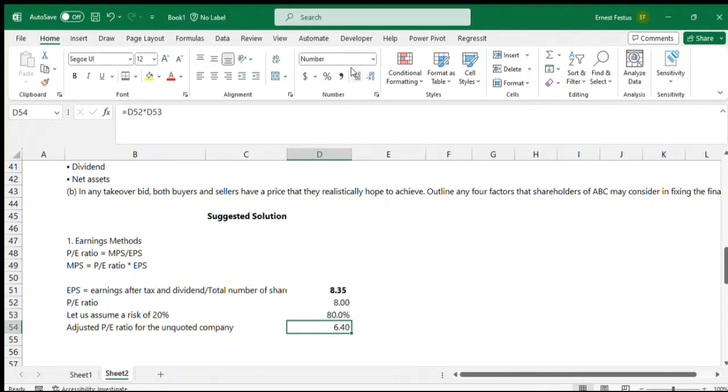Let me increase it to at least 2 decimal places. So this 6.4 is what we are going to multiply by our EPS to obtain our market price per share.